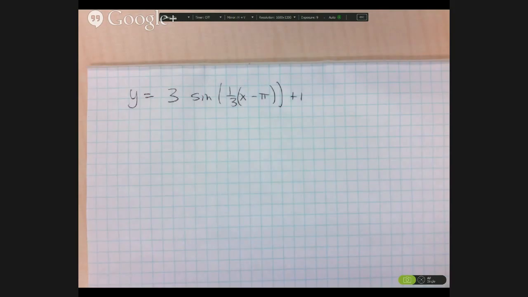2 pi over 1 times pi. 2 pi over 1/3. It's the same as 2 pi times 3.